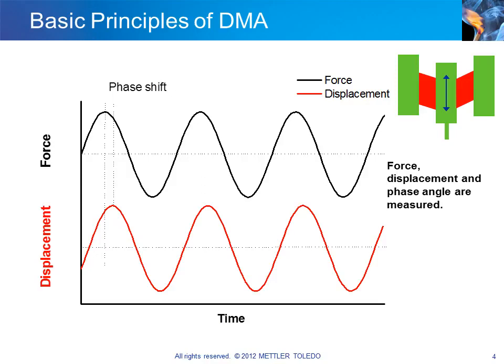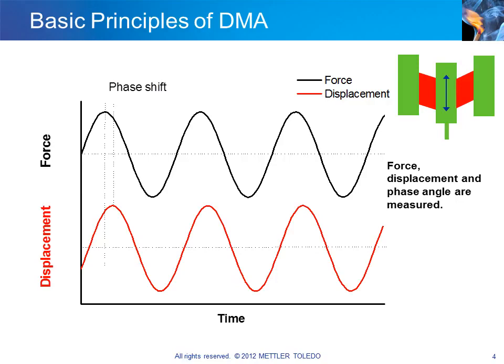Typical of viscoelastic behavior is that the deformation lags behind the applied force. This produces a so-called phase shift. The left part of the diagram shows the curves of the force and displacement amplitude and illustrates the phase shift. The in-phase component corresponds to the storage modulus M', and the out-of-phase component to the loss modulus, M double prime.